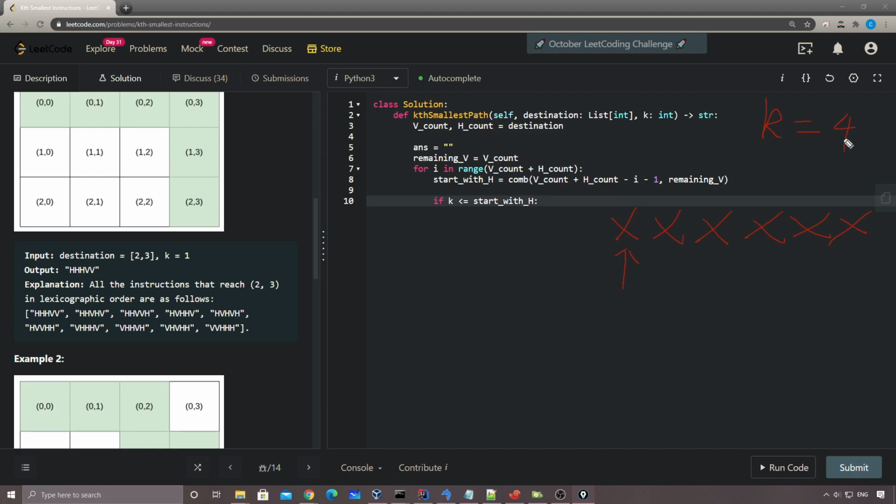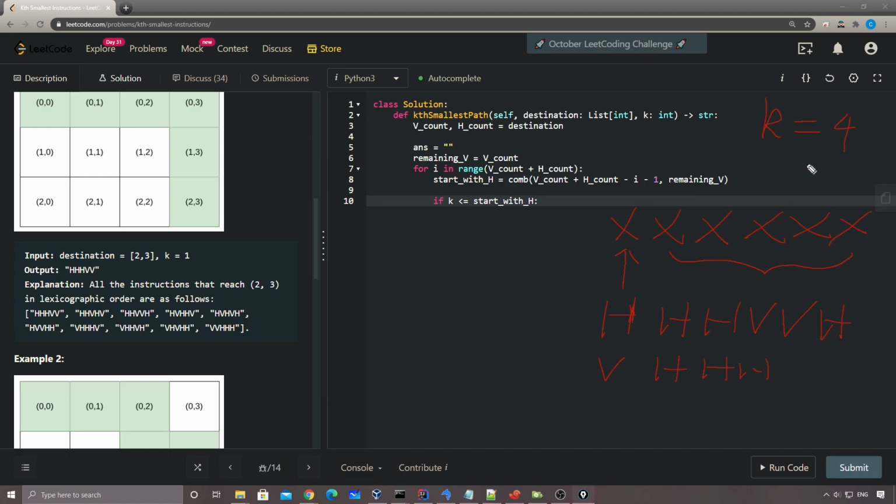Okay, and we have five numbers left, right? And there are only four numbers we need to look for, right? Which means it has to be H here, because here it can be like H, H, or V, V, H, something like this. But what if we put a V here, even though we're putting H here?